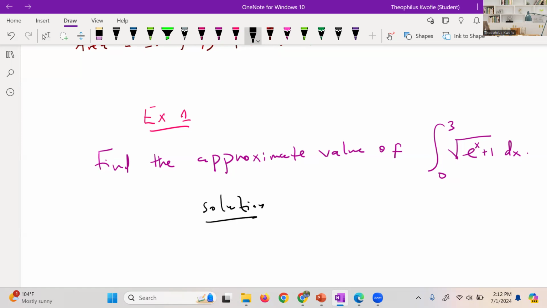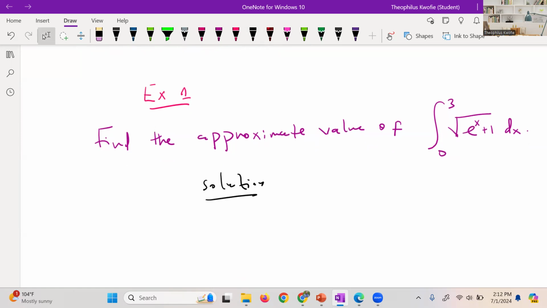All right. So the first thing to do, we need to look at the width. Remember, we need the width of the rectangle. The width we said is b minus a over n. But in this particular problem, let me be more specific before I move into the solution.